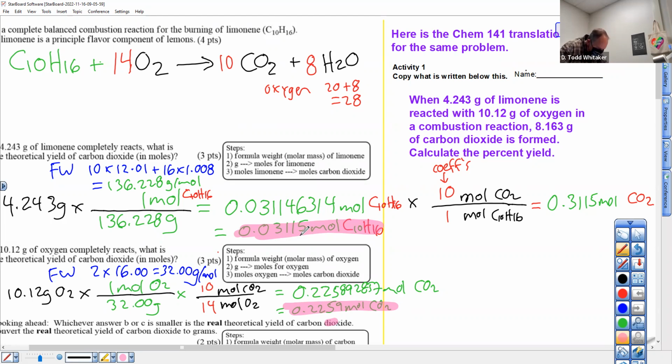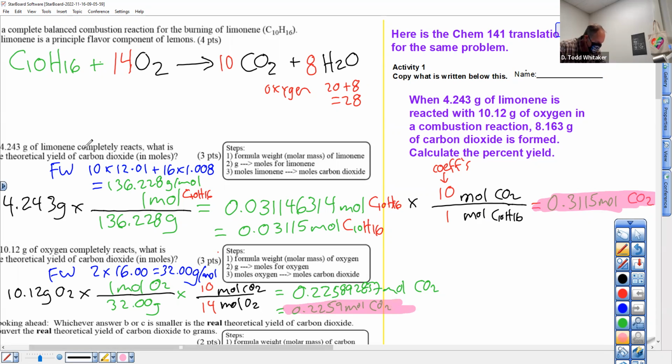Does this one make sense? Oh, that's my final. I shouldn't have highlighted that thing over there. The two things you're highlighting are, if you react all of the C10H16, this is how much CO2 you can make. If you react all of the O2, this is the amount of CO2 you can make.